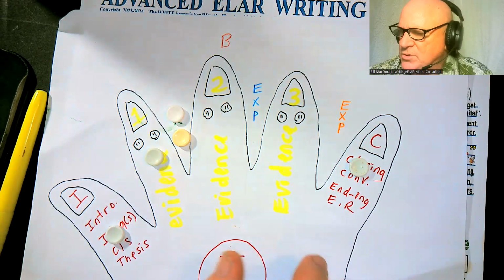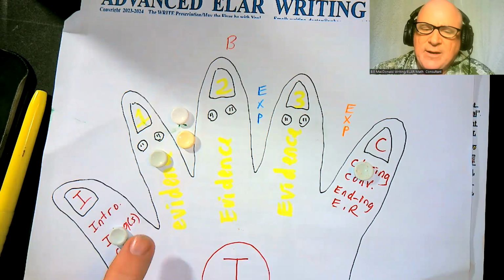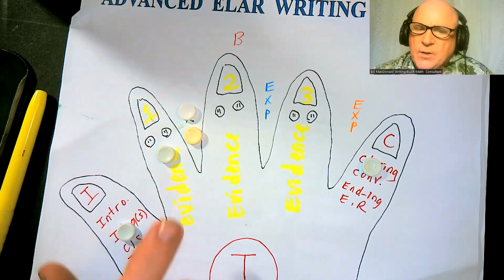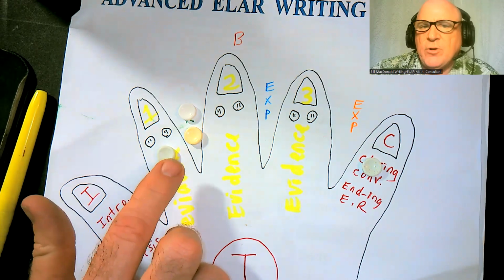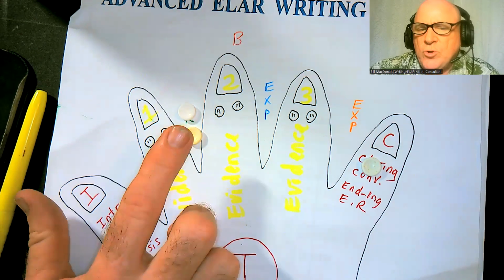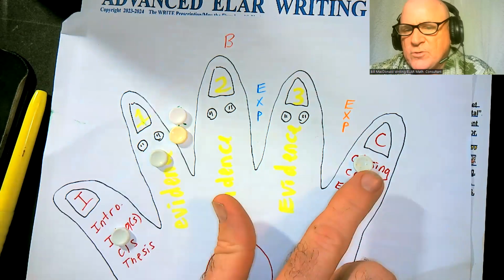So if I was to say, how many sentences is that? Well, for those of you that have the monkeys, it would be one green monkey, one yellow one to let the reader know that you're using some evidence, two green ones, and then a red one for closing.